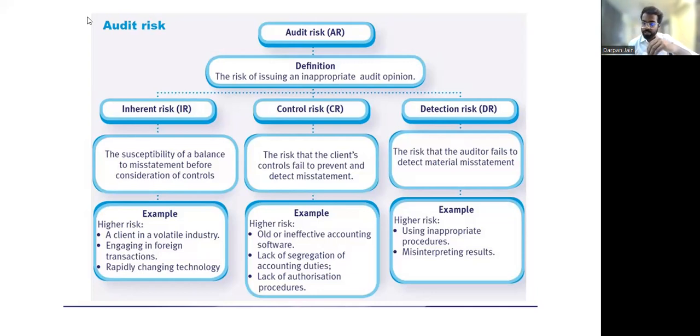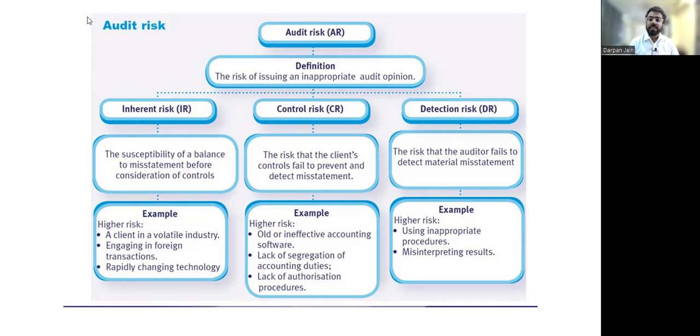You can reduce detection risk by doing more audit procedures, by increasing the substantive procedures, by increasing the sample sizes, by increasing the number of transactions in the sample, and by employing more experienced and more skilled people in the audit team, in order to reduce detection risk.